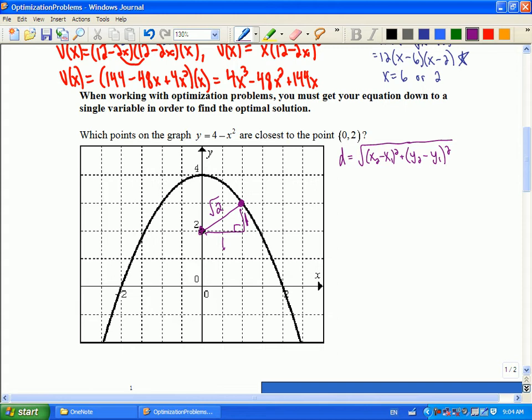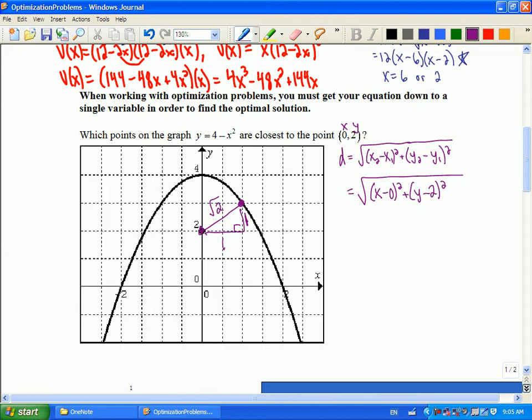Yeah, we have a value here for x and y. That point is fixed, (0, 2). So in our problem, we're not interested in just any old values. It has to be between those.